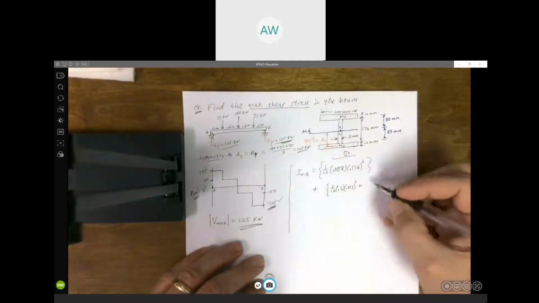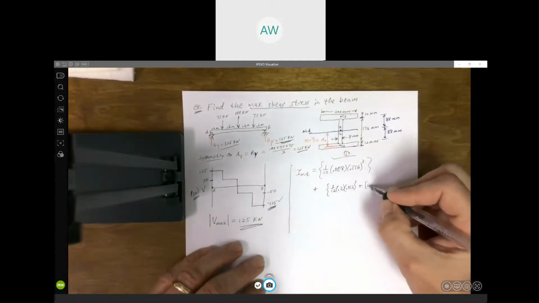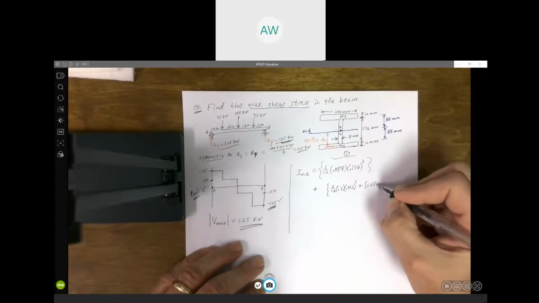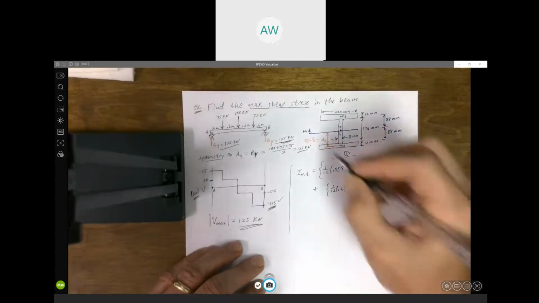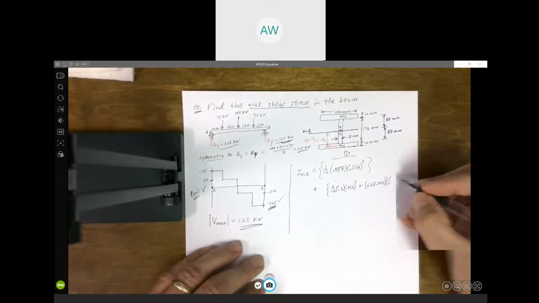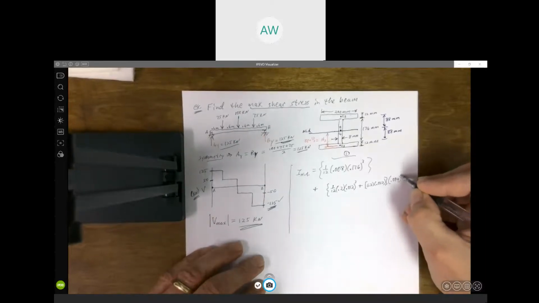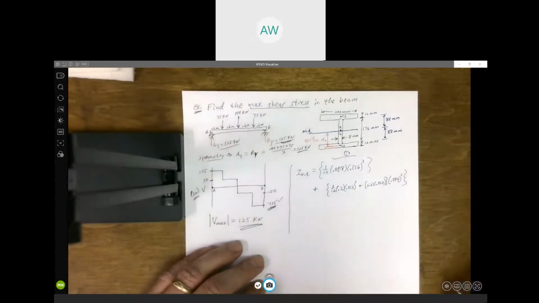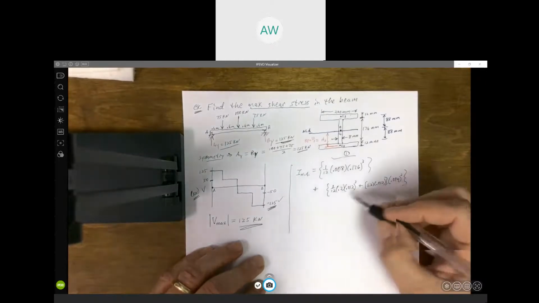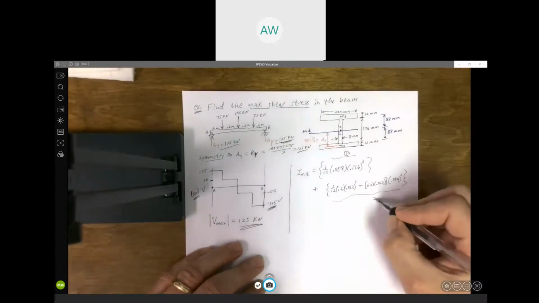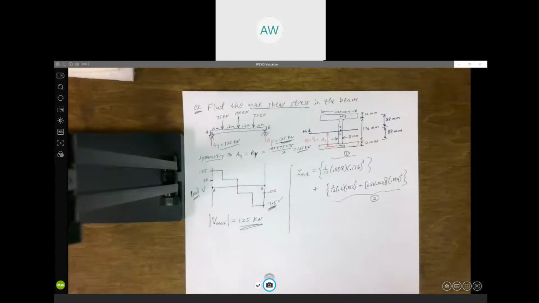So we have to take the area, which is 0.2 times 0.012, times that distance squared, which is 94 or 0.094 meters squared. All right, so this would be the moment of inertia for rectangle 2.